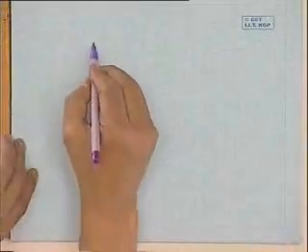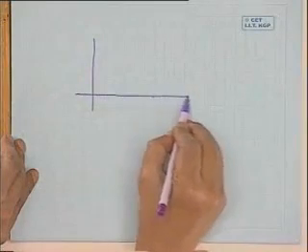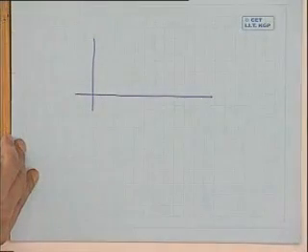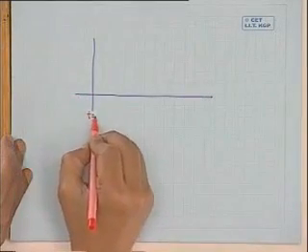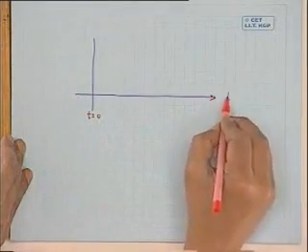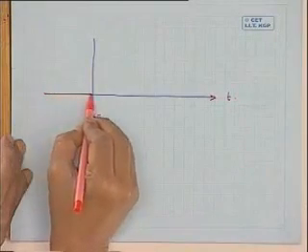Now, if you plot these two things against time, it will be like this. This is t equal to 0. This axis is the time axis.